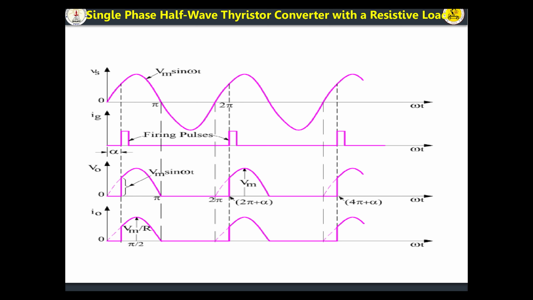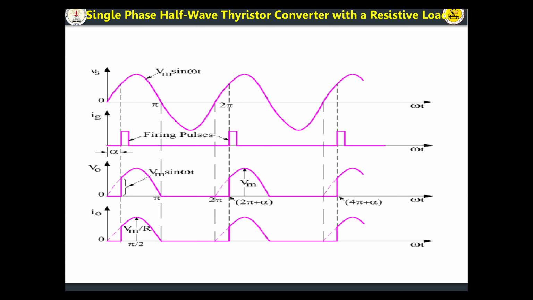The load current and voltage are 0 from 0 to alpha. When the SCR is triggered by giving a gate signal at alpha, the entire supply voltage except for the drop across the SCR will be applied across the load, that is from omega t equal to alpha to pi. At omega t equal to pi, the phase reversal takes place and the negative half cycle of the input supply starts.